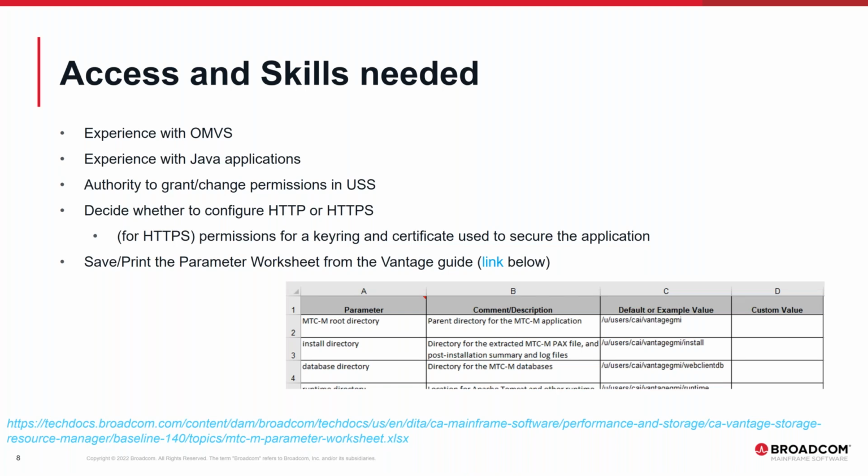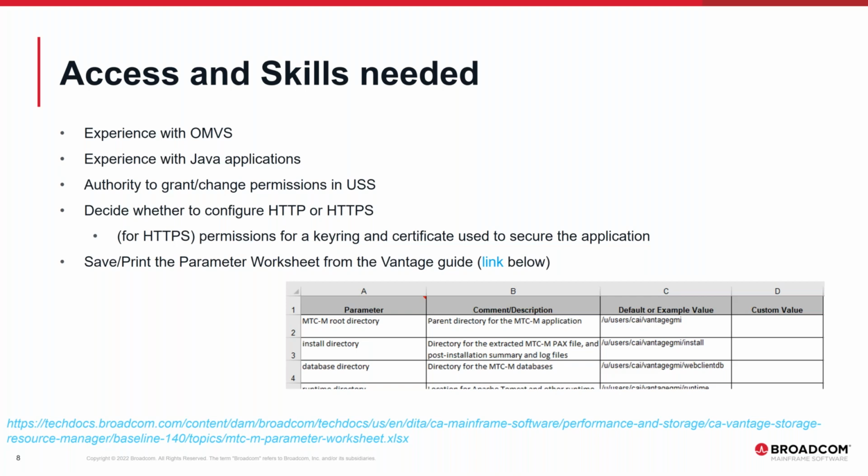The third column is the default value that we supply, and the fourth column would be your value. So if you're not using the exact same values that we give you, we recommend putting it in column D. And then when it comes to doing the installation in OMVS, you just cut and paste from here, because with OMVS, it has to be exact.